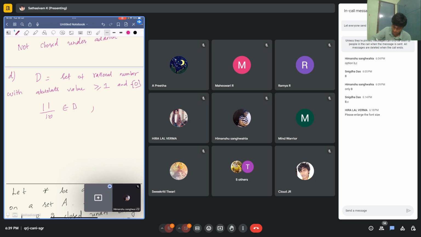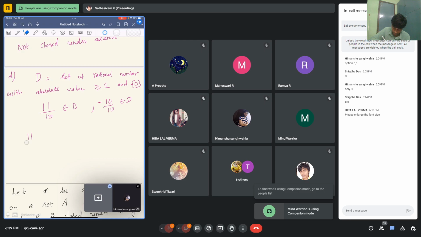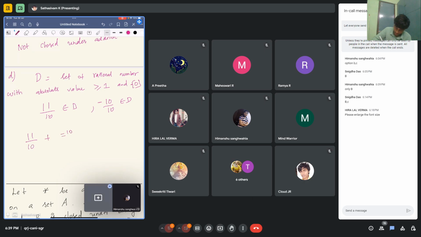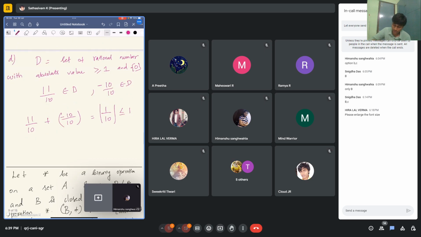And let's take maybe 10 by 10, which is basically 1, so this also belongs to D. But let me take minus 10 by 10, so this is minus 1. Now let's look at 11 by 10 plus minus 10 by 10. This is nothing but 1 by 10. See, this absolute value is less than 1. Thus D is not a group.